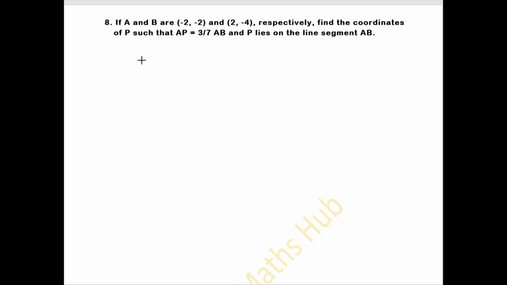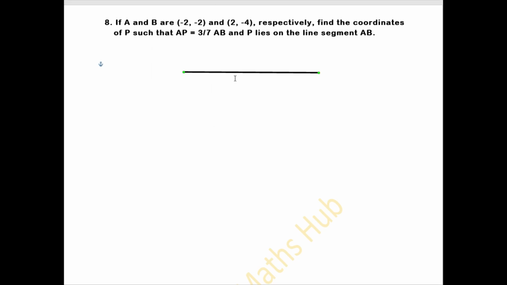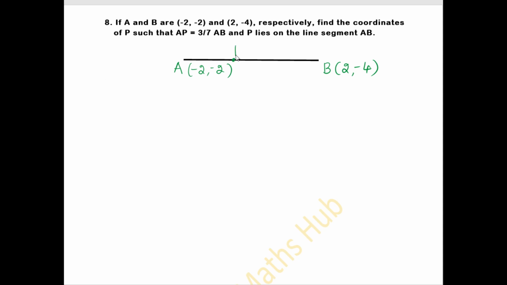Now draw a line joining the points A (-2, -2) and B (2, -4), and point P lies on the line segment AB.